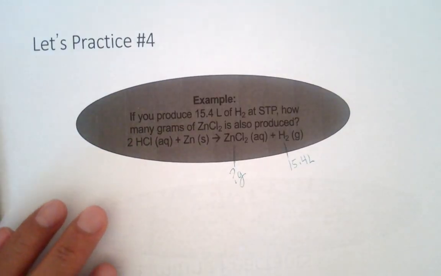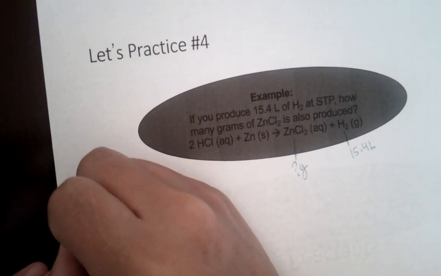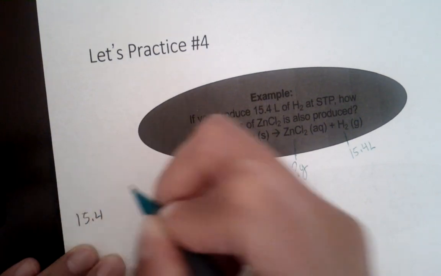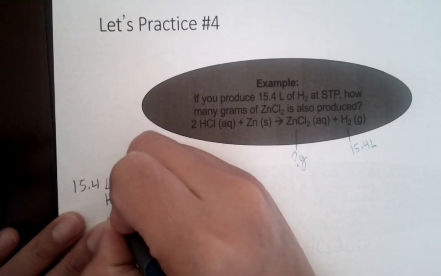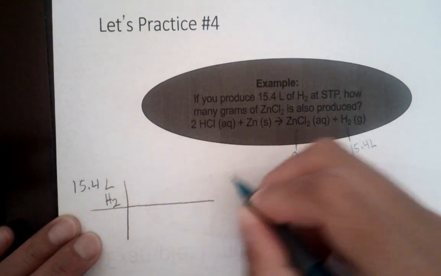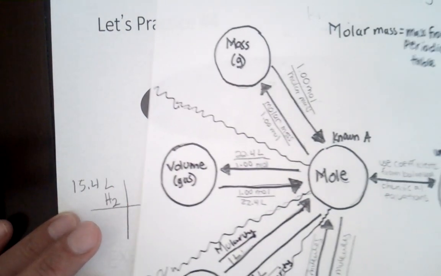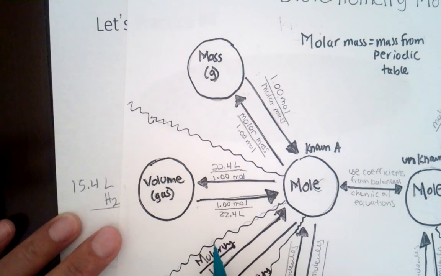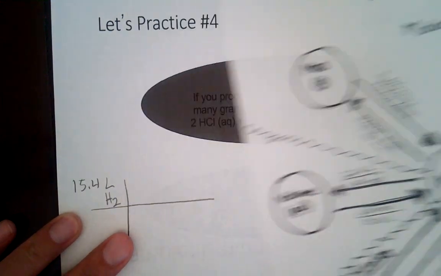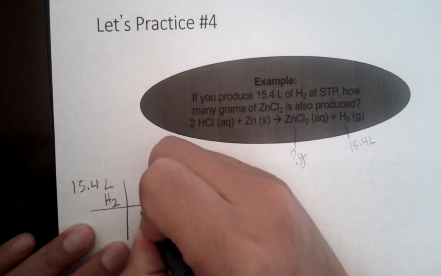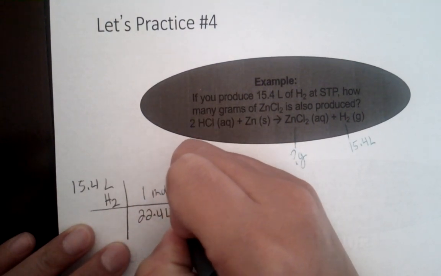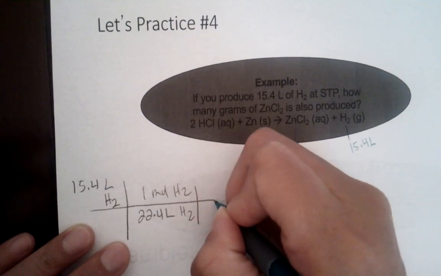So let's start off by writing what we have. We start off with 15.4 liters of H2. Okay, so we look at this, we're going from here to here. That means that we have 1 mole over 22.4 liters. 1 mole of H2, 22.4 liters of H2.